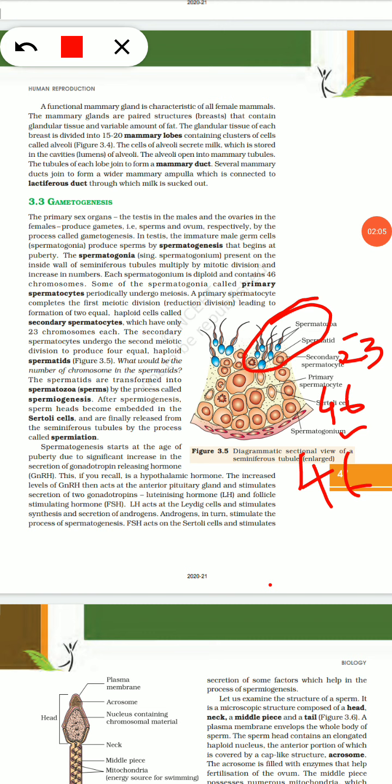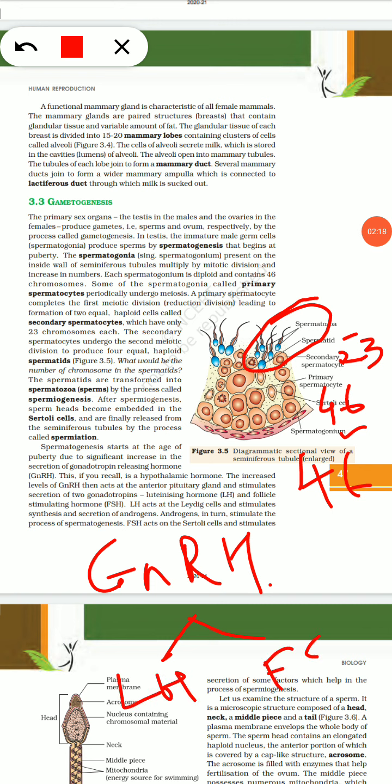Now, while spermatogenesis is occurring, the gonadotrophin releasing hormone is releasing two hormones. One is luteinizing hormone and one is follicle stimulating hormone. What is the function of luteinizing hormone?